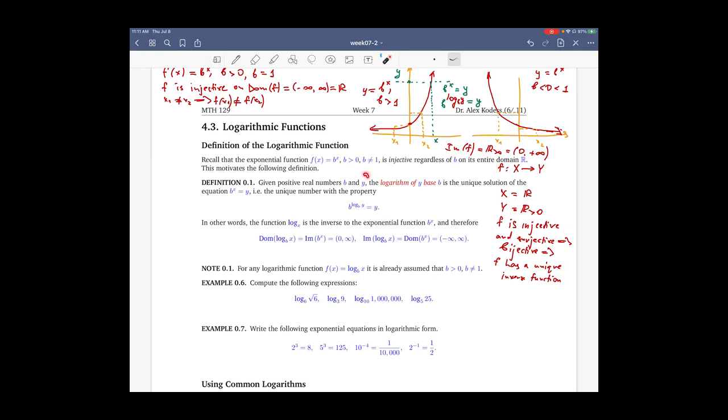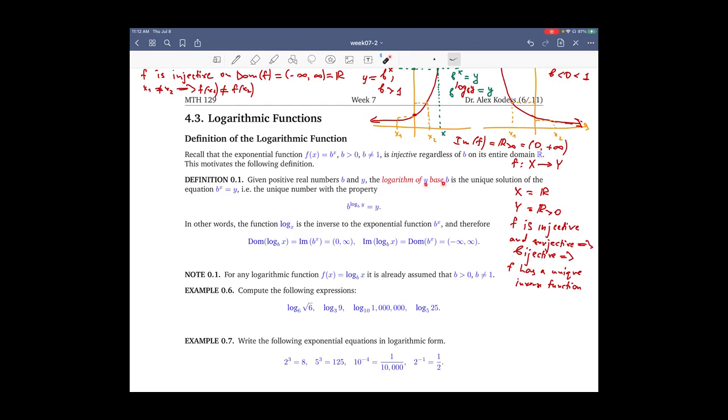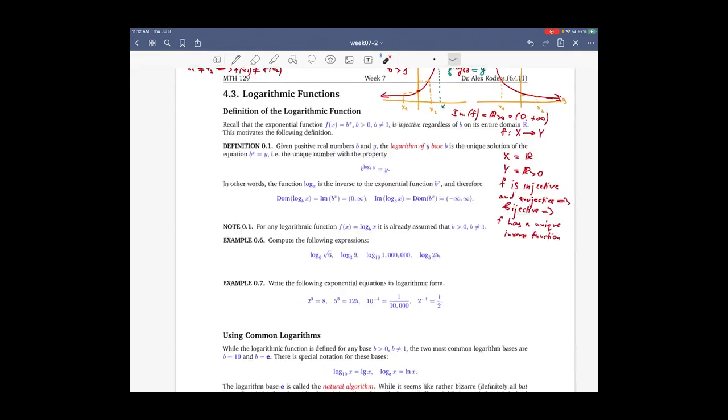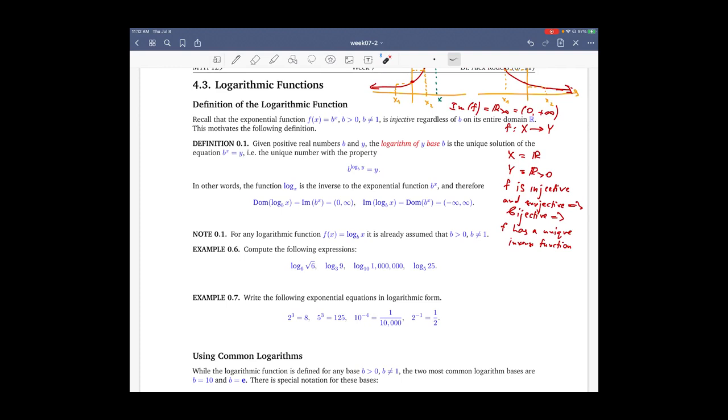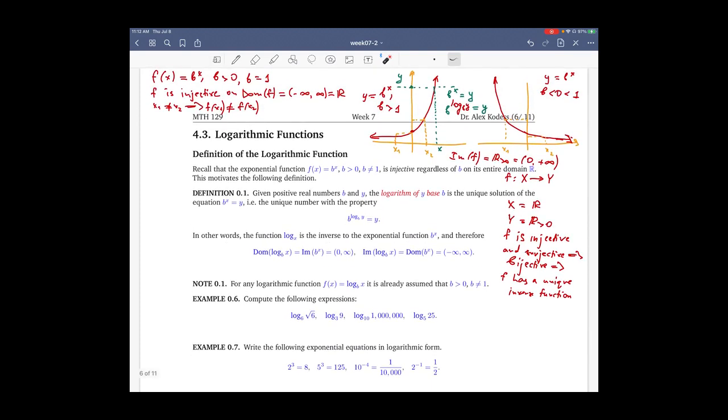Given a positive real number y and a positive real number b, the logarithm of y base b is the unique solution of the equation b to the power x equals y. Right, so we consider the curve b to the power x. Here, of course, we need to add that b is greater than 0 and b is not equal to 1.